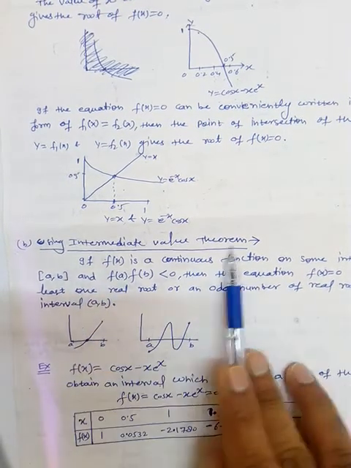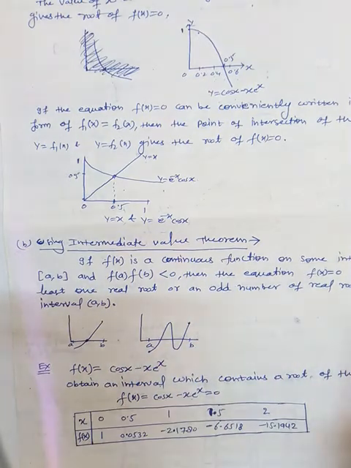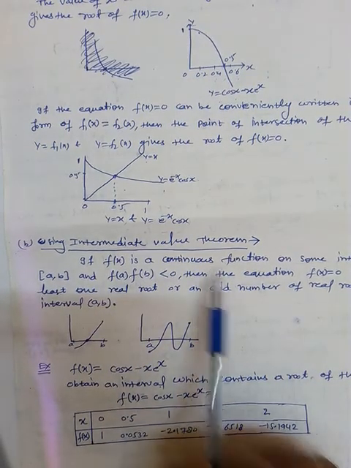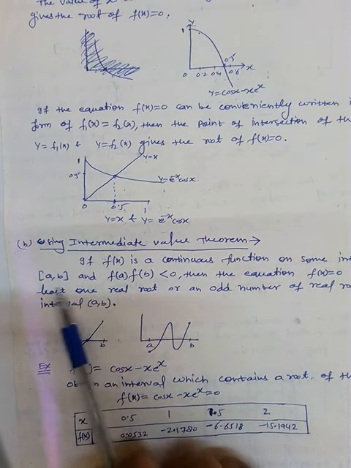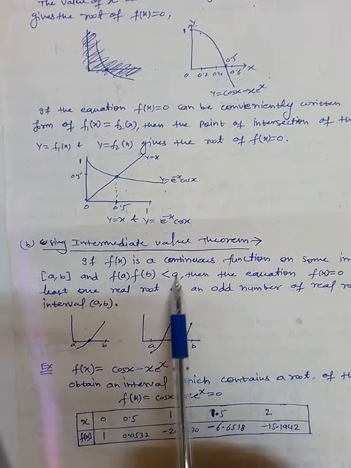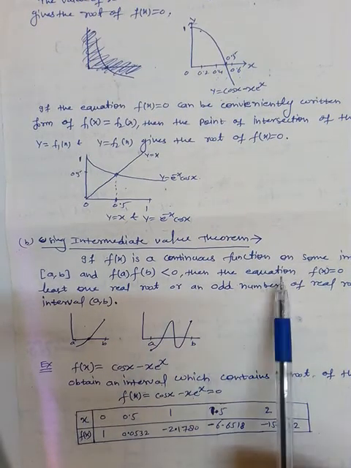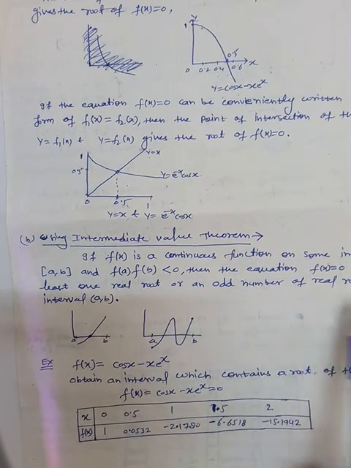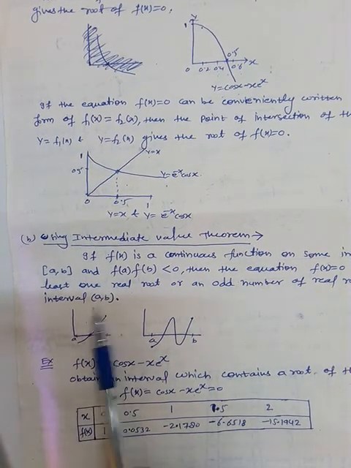So this is the statement of the intermediate value theorem: if the function is continuous and has opposite signs in this interval, opposite sign means f of a into f of b is negative, then this equation has at least one real root or an odd number of real roots in the open interval ab.